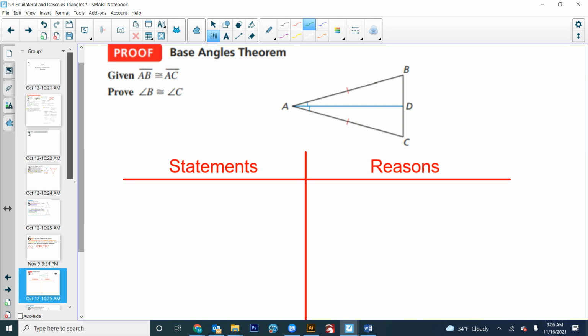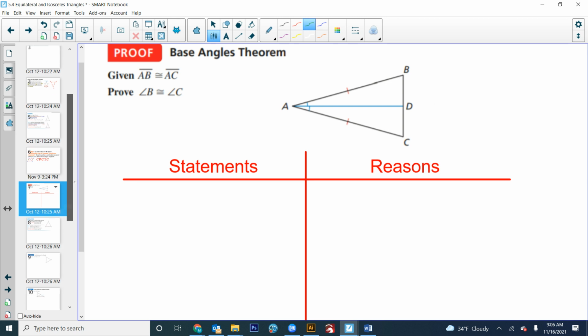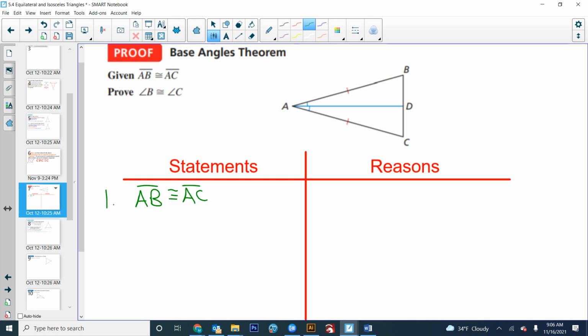Are you ready? Here we go. We're going to go quickly. AB congruent to AC. Given. AB, AC, tick, tick.